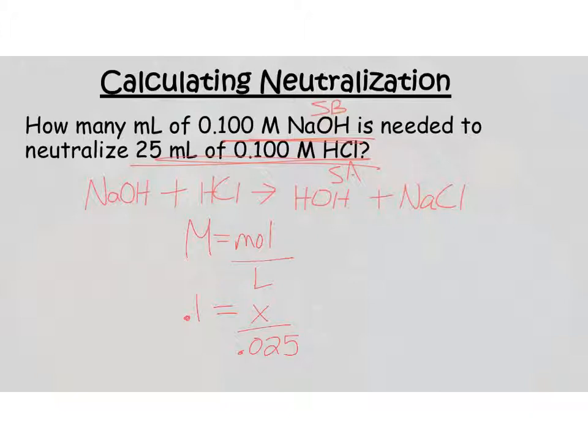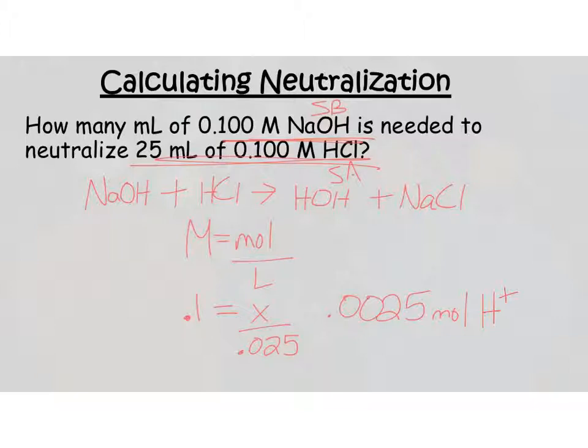Okay, and then when we cross multiply and all that fun jazz, we get that we have 0.0025 moles. All right, and that came from my HCl, so that's my H plus amount.